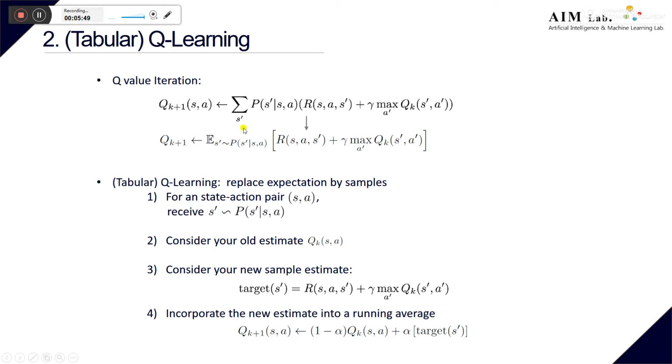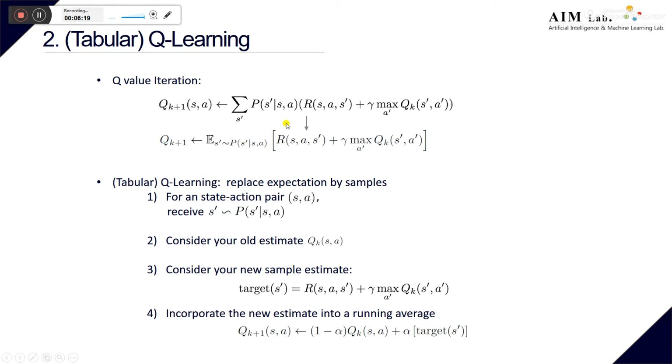We are enumerating over the future states reachable from the current state S, and also computing the exact probability of reaching the future state from the current state with action A. So it is very luxurious.